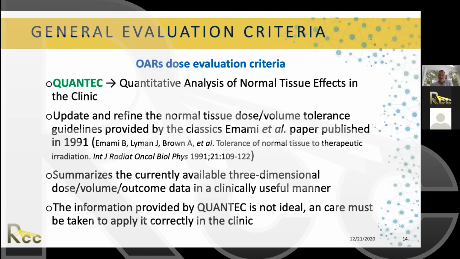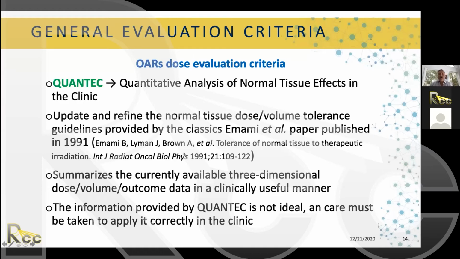One of the biggest documents is QUANTEC, the quantitative analysis of normal tissue effects in the clinic. A lot of people follow that, because it was basically an update and a refined version of the normal tissue dose volume tolerance guidelines provided by the classic Emami paper. We all know that paper, which was published in 1991.